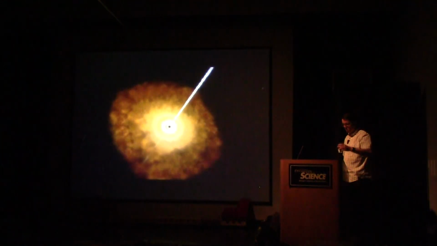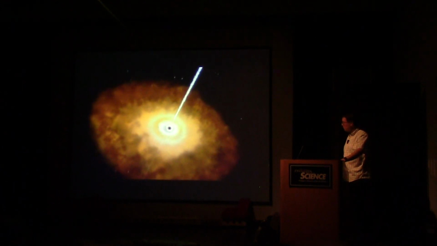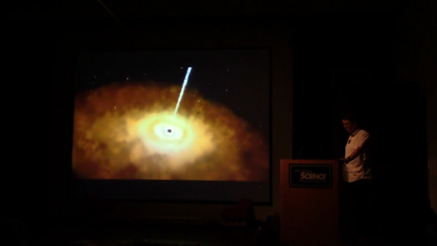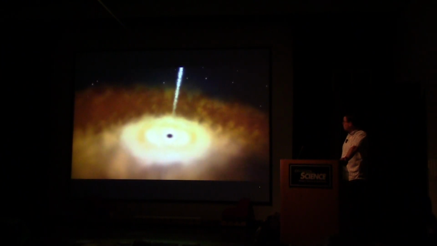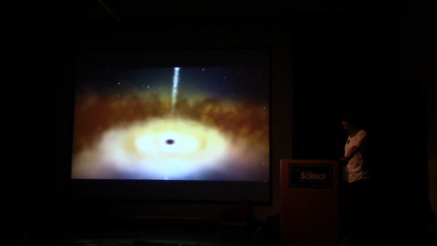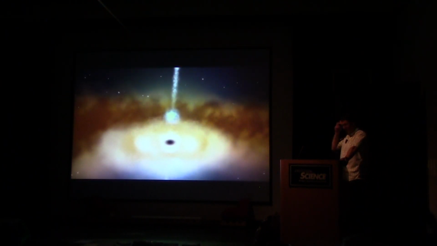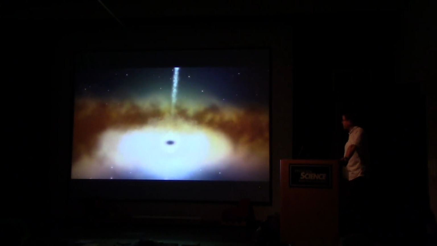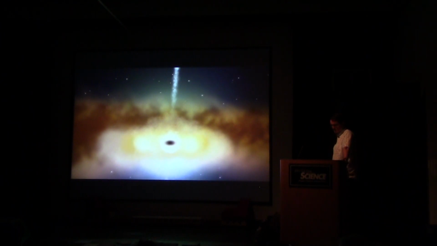This is the supermassive black hole at the center of NGC 4151. The dark object in the middle is the black hole. Surrounding it is a flattened cloud of dust and gas called an accretion disk. Recently, scientists using the XMM-Newton X-ray satellite showed that a mysterious source of X-ray flares actually lies high above the disk.